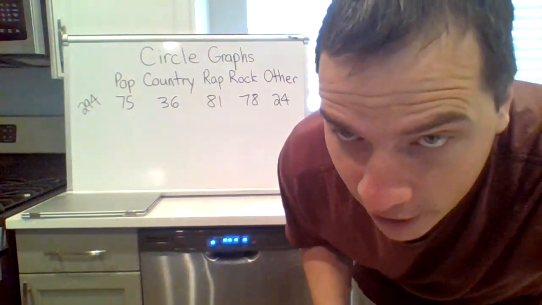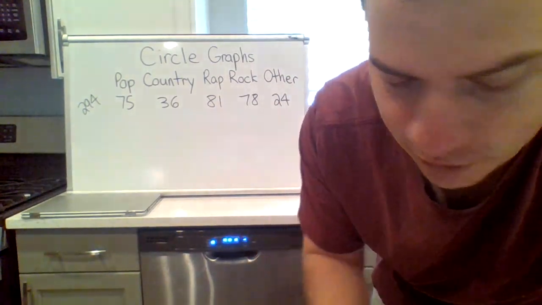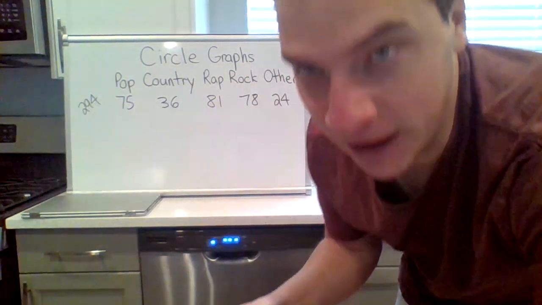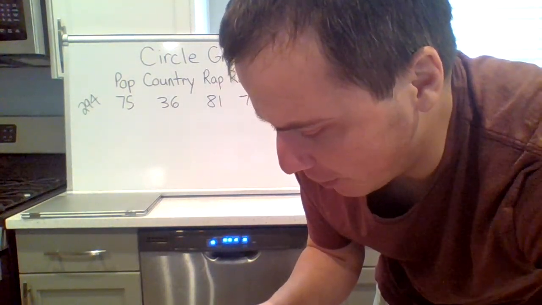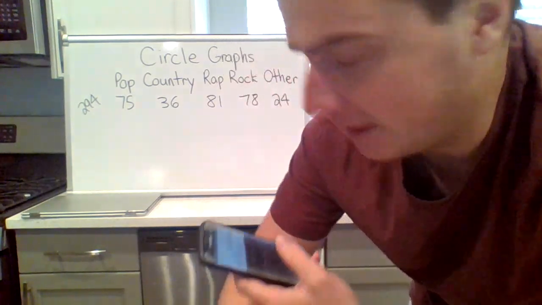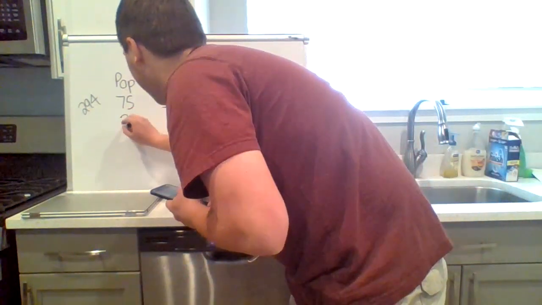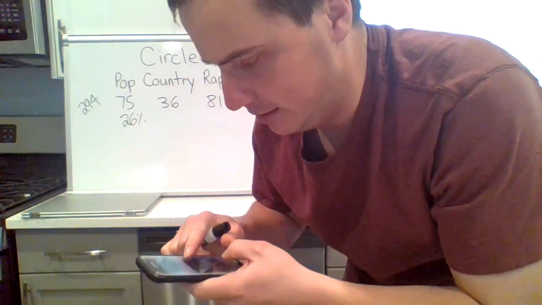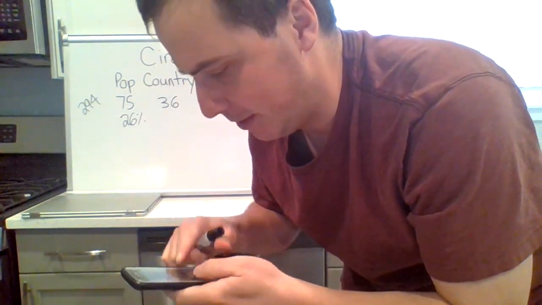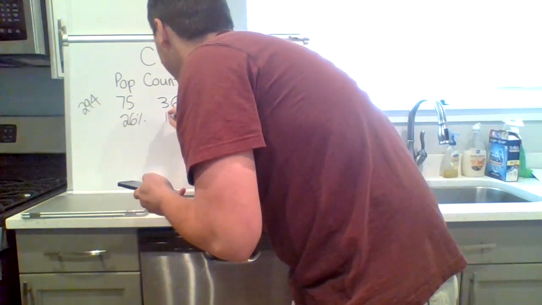Okay. Now, in order to do this, we are going to divide each of these by 294 to find the percentage. So 75 pop fans divided by 294 gives you approximately 26%. Then 36 divided by 294, that's about 12%.